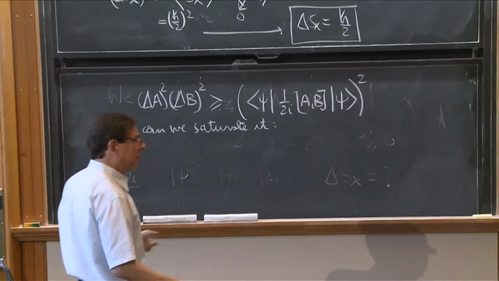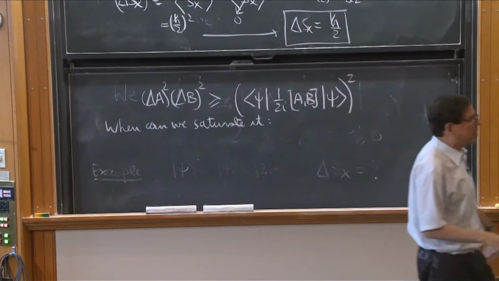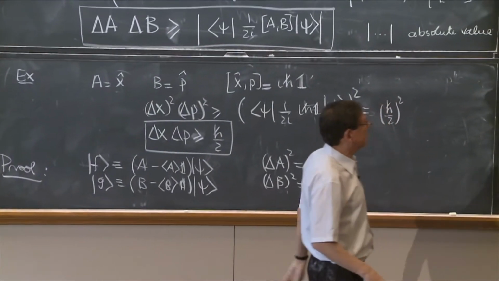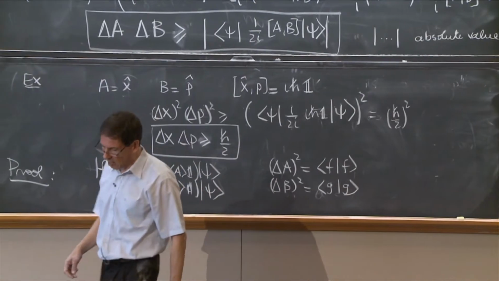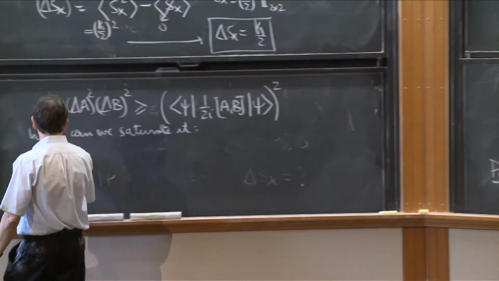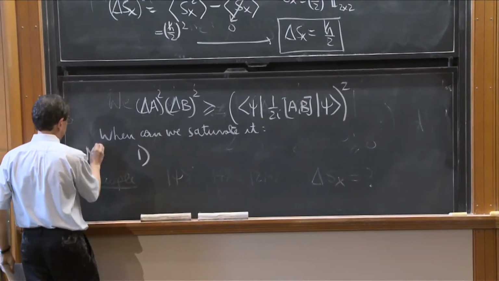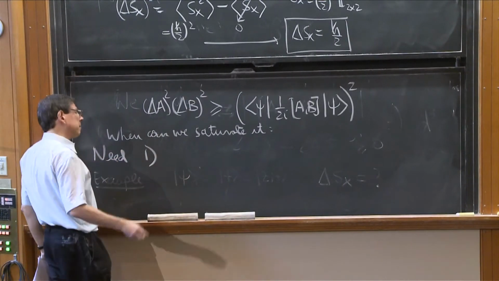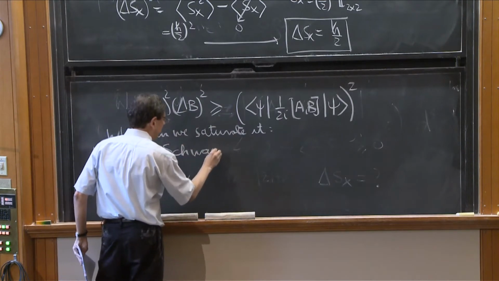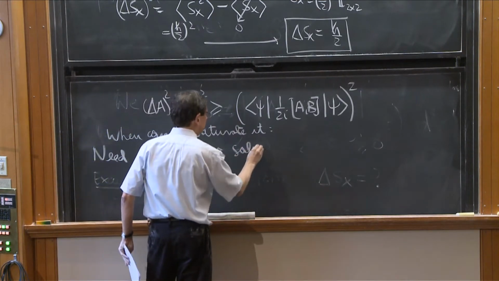What do we need? First, we need Schwarz inequality saturation. So F and G must be states that are proportional to each other. So we need that Schwarz saturates.